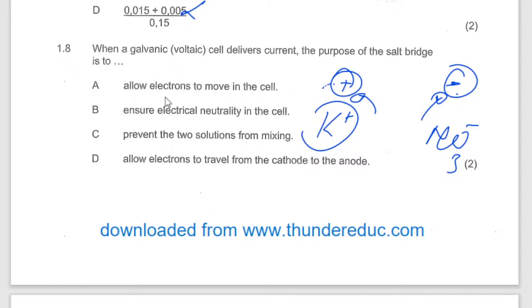This salt bridge is supposed to give these ions, hence ensuring electrical neutrality in the cell, and B becomes the most correct answer.